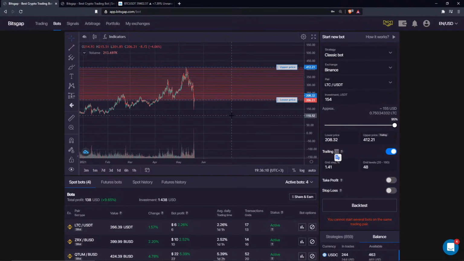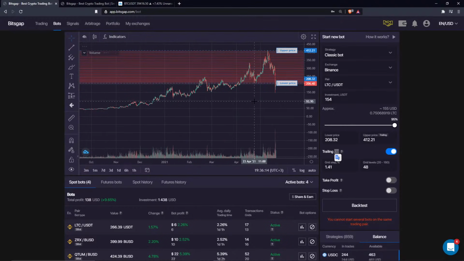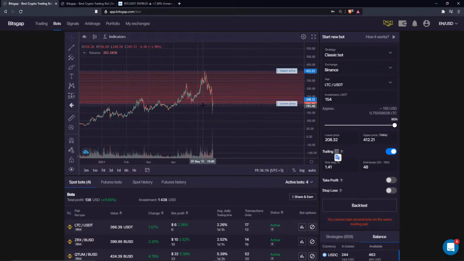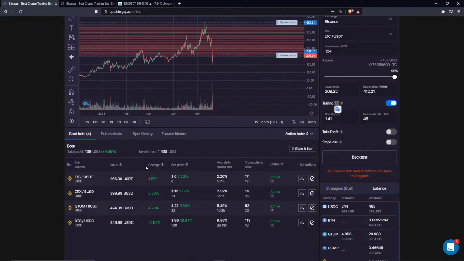Because yes, of course, there are some use cases for the trading down, but from the risk perspective, it's going to be riskier for you guys, especially for those who are not experienced enough and do not understand the difference between the change and the bot profit, for example.